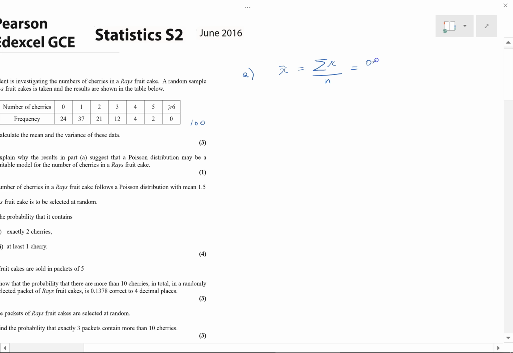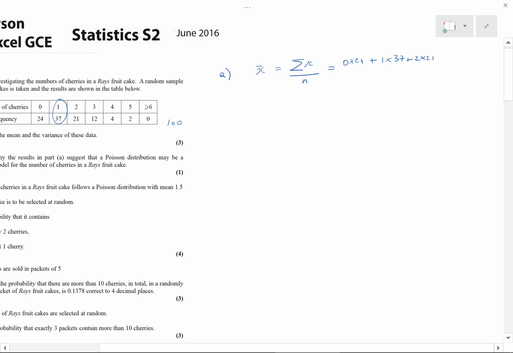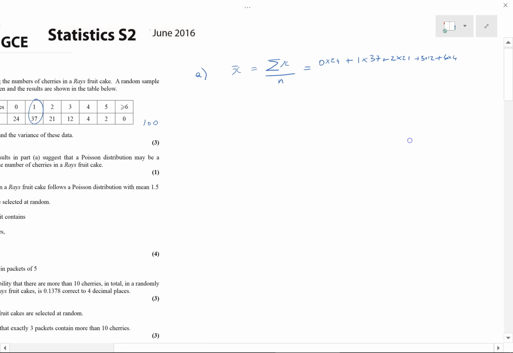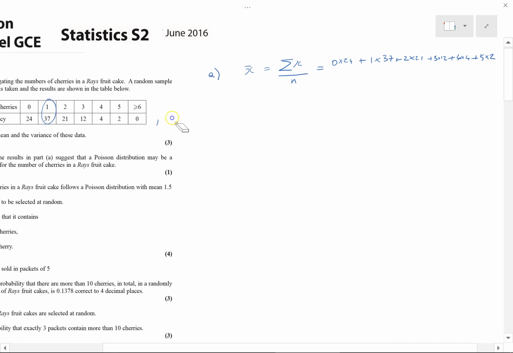So 0 times 24 plus 1 times 37, plus 2 times 21, plus 3 times 12, plus 4 times 4, plus 5 times 2, and I'm going to leave the 6 out because that's confusing, but thankfully there's none of those, over 100.